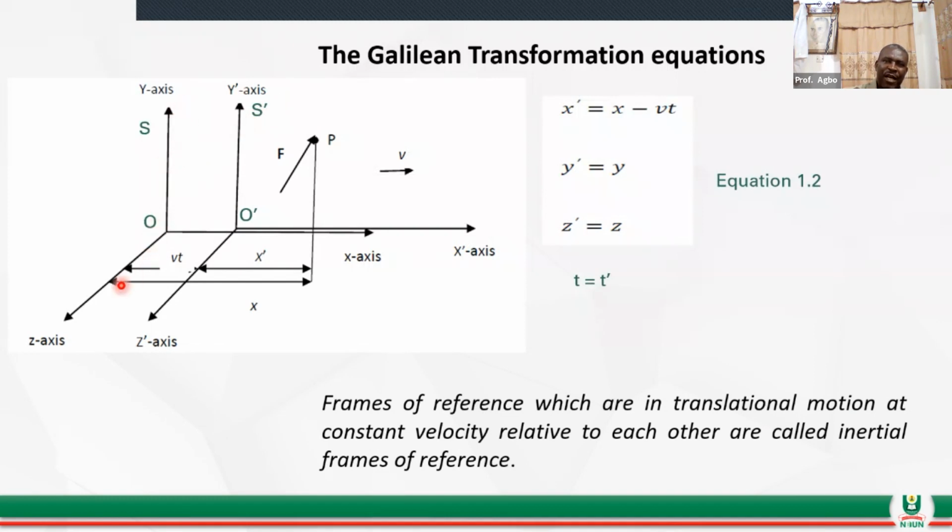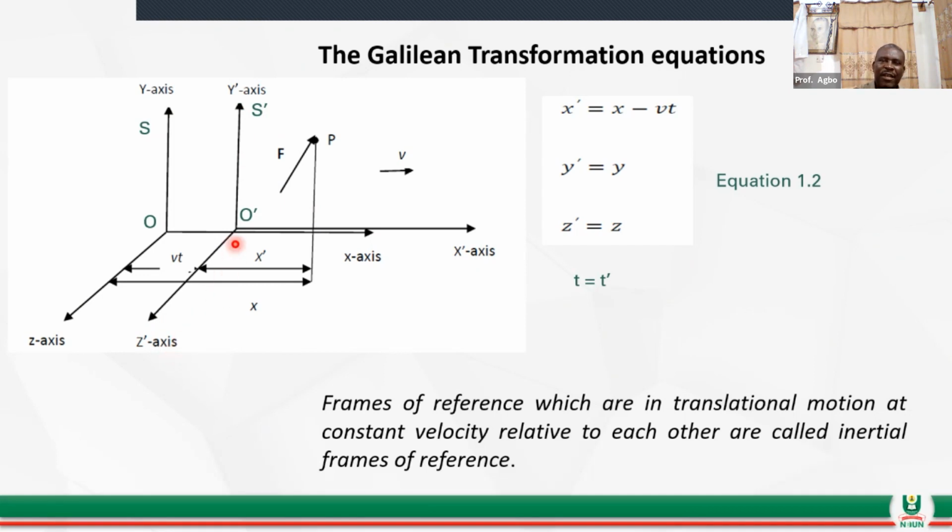And if you look at the beauty of this, you see that they are in Cartesian coordinates, the X, Y, and Z axes. That is the first frame, the S frame, that is the unprimed frame, and the prime frame is also designated by X prime, Y prime, Z prime.